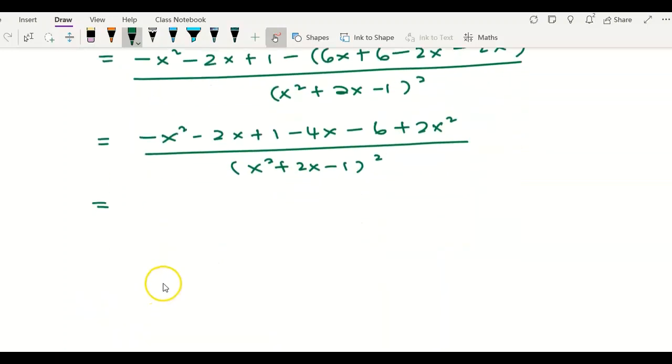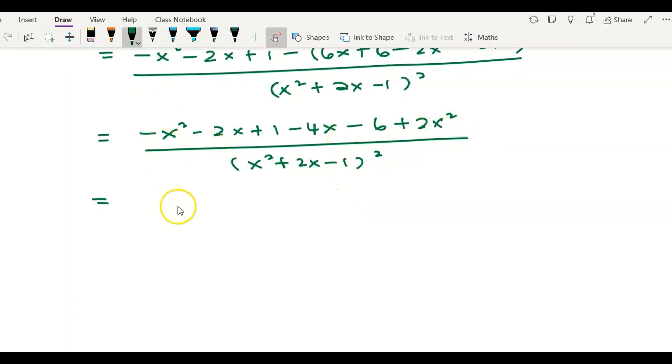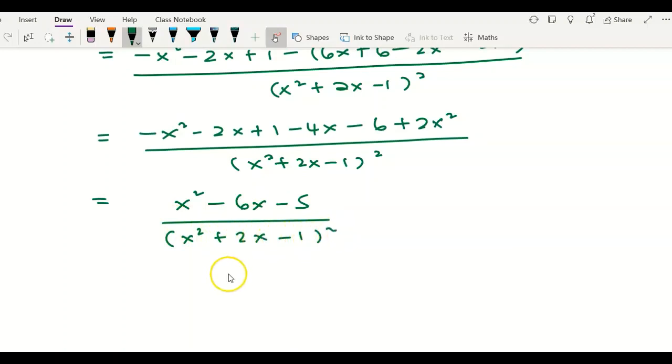Continue, simplify. You have 2x squared minus x squared, you get x squared. Like terms, negative 2x minus 4x, you get negative 6x. And 1 minus 6, you get negative 5, over x squared plus 2x minus 1, squared.